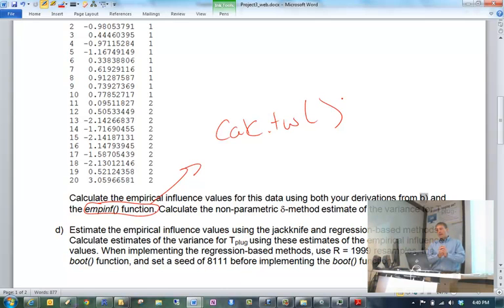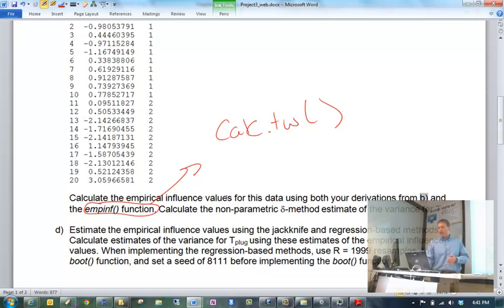One thing that I did first was I worked with the y bar 1 minus y bar 2 example to make sure that I got the right answer. And then based upon what I had done from that, I transferred it to this project, now for a little bit more complicated example.